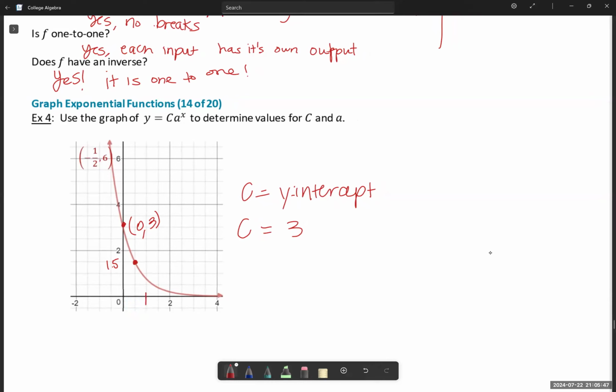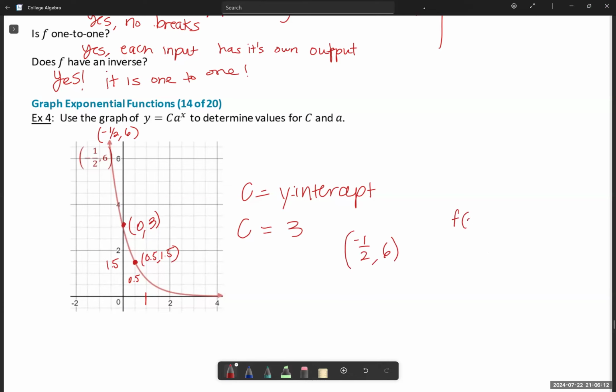This is 1, so this is 0.5. But they also gave us a value right here where it's negative 1/2, 6. So we can use these values to figure out what our growth rate is. So the value that they gave us was the negative 1/2, 6.